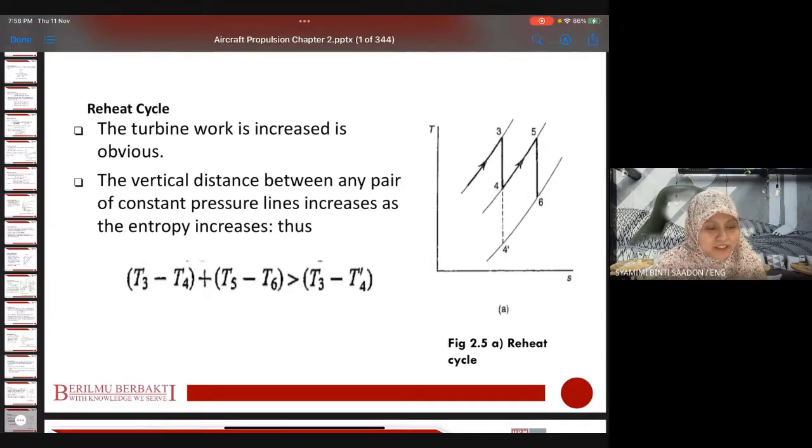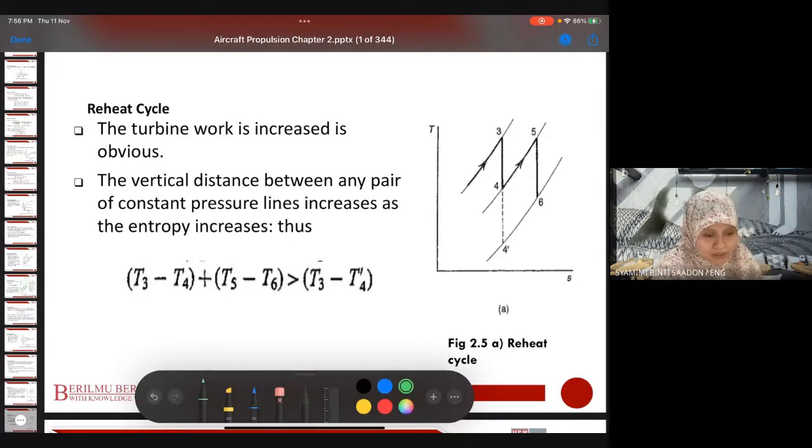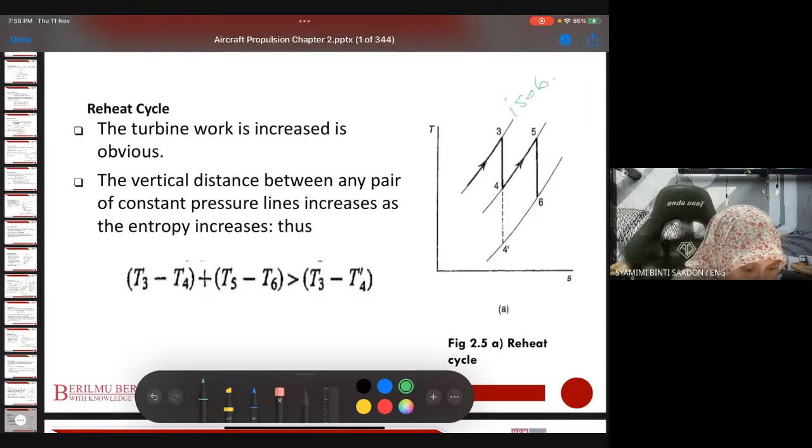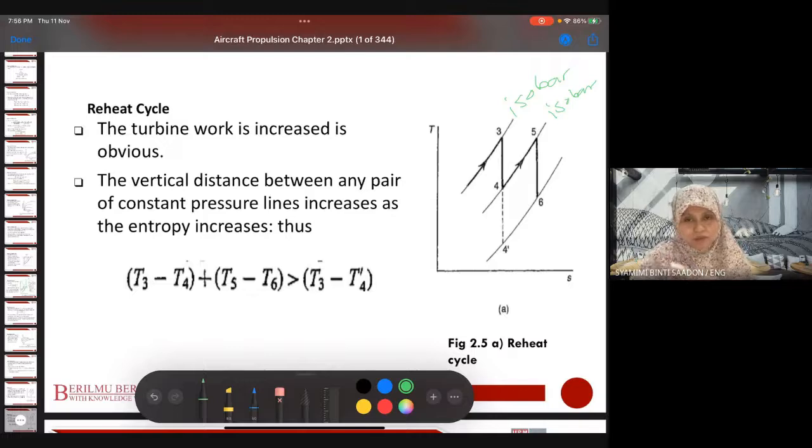So what does the second point, vertical distance, mean? Vertical distance is, for example, 3 to 4 and 5 to 6, the vertical distance of constant pressure. Sorry, I forgot to mention, this is the isobar line, or constant pressure. In a TS diagram, we have those isobar lines. One of our assumptions is that there is no pressure loss, which means the process is isobar.